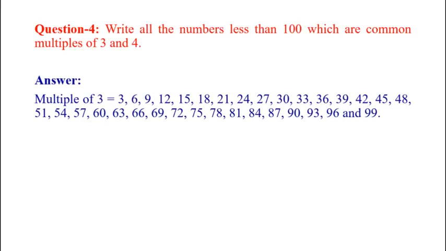So, answer, multiples of 3 are 3, 6, 9, 12, 15, 18, 21, 24, 27, 30, 33, 36, 39, 42, 45, 48, 51, 54, 57, 60, 63, 66, 69, 72, 75, 78, 81, 84, 87, 90, 93, 96 and 99.